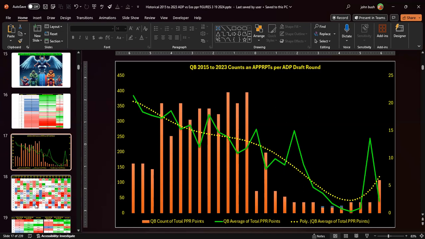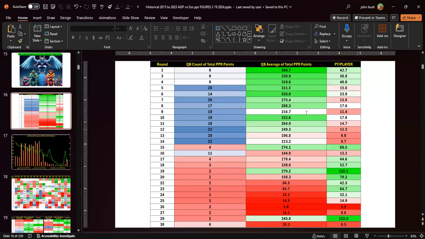So you can see it kind of starts getting lean. I mean, you don't want to be hanging around so late. After the 14th round, the numbers get wacky because there's just nobody being drafted out there, right? So there's a rush from rounds 5 to 14. And again, a lot of these in leagues, people want 2, 3 quarterbacks.